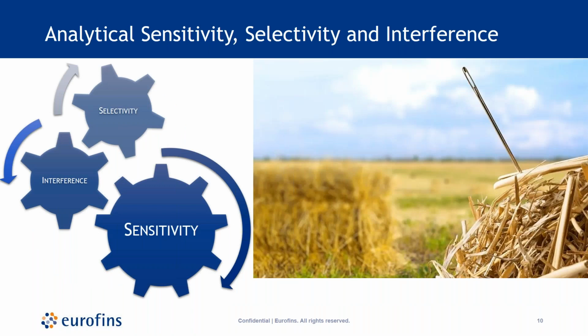The next consideration is choosing a method that has sufficient sensitivity and selectivity, and is not vulnerable to interferences. Sensitivity is broadly defined, in terms of analytical chemistry, as the change in instrument response with a change in concentration.